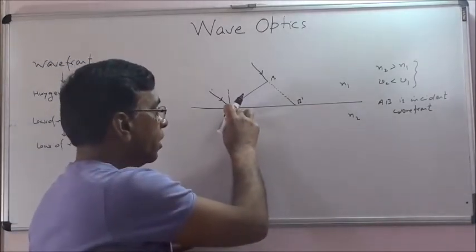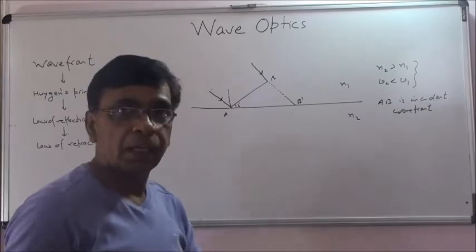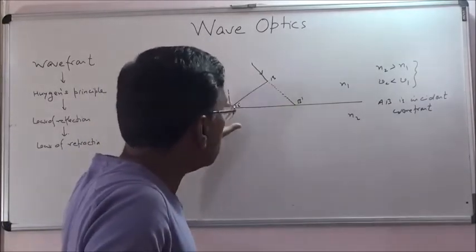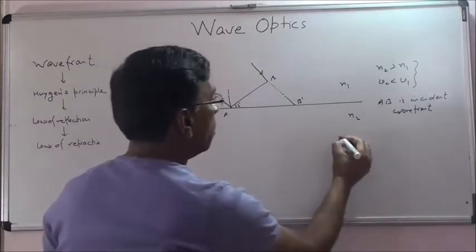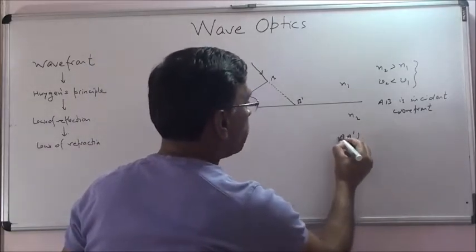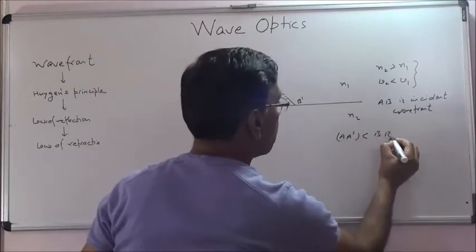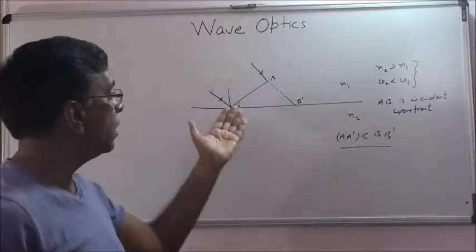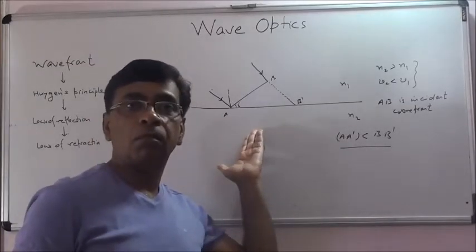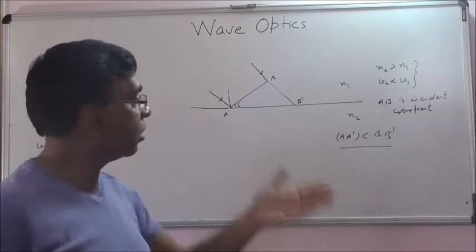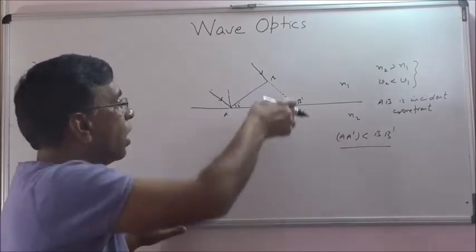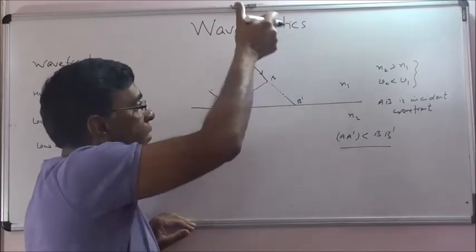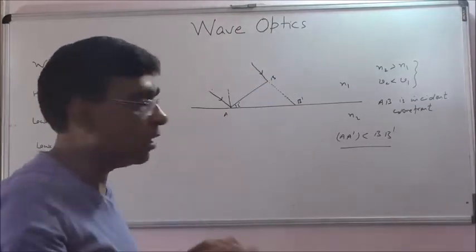Secondary wavelet from here will move onward in the second medium, but in the time B reaches B dash, this will cover a distance, let me say AA dash, which will be less than BB dash. And what's the reason? Because secondary wavelets in this medium travel slower, because this is denser medium. So now I have to take a radius less than BB dash.